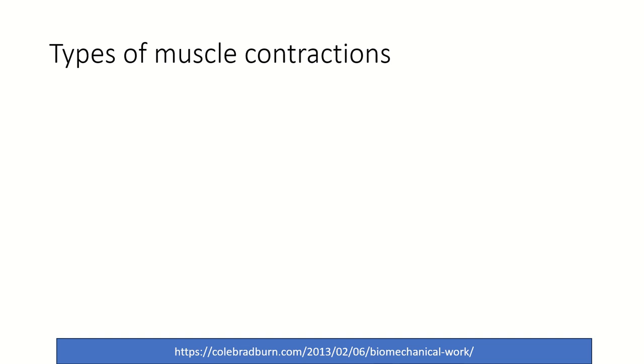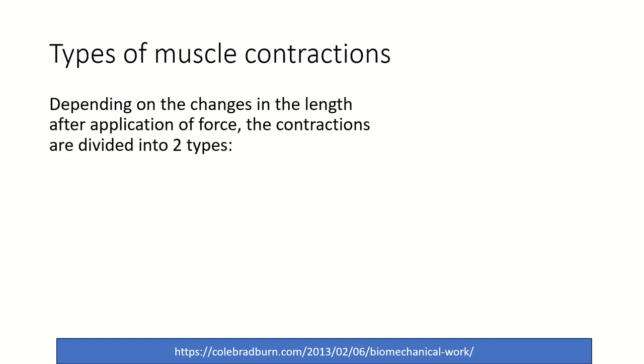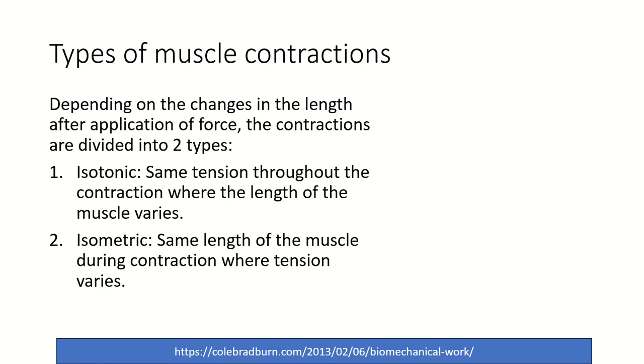Talking about muscle contraction, there are basically two types. The first one is isotonic and the second one is isometric. Let us understand the second one because it is very easy to understand. Iso means same. Metric is nothing but meter. Meter is the measurement of length. So isometric means same length.